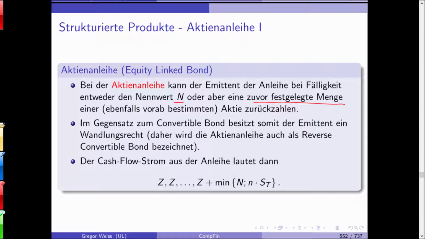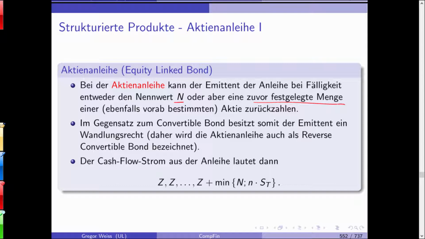No? A convertible bond is a bond in which the buyer, the owner of the convertible bond, has the right to exchange the bond into a fixed number of stocks. And if the stock price is higher, it will switch from bond to stocks. In an equity-linked bond, it's the opposite. Not the buyer, but the issuer has the right to convert the bonds into stocks.